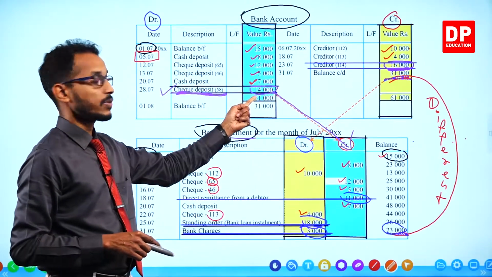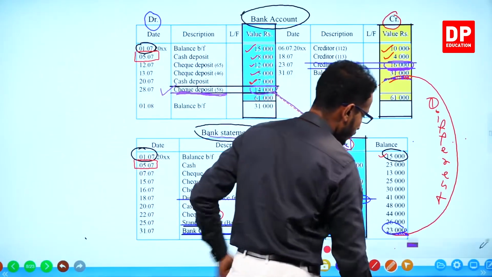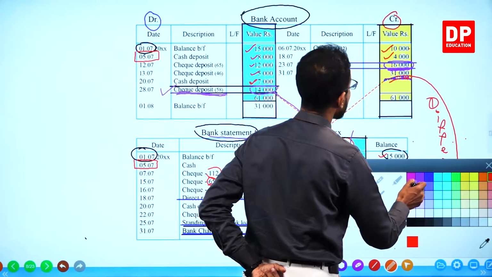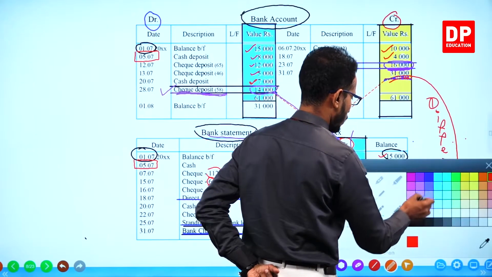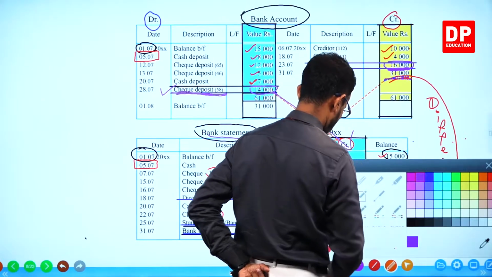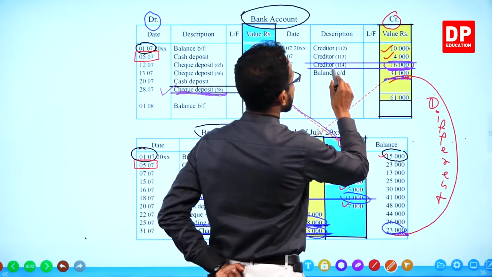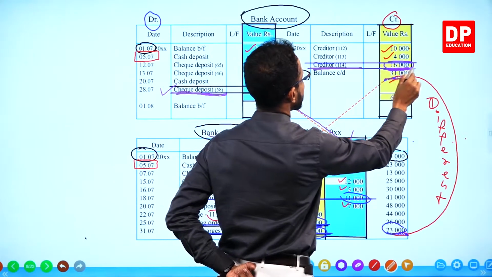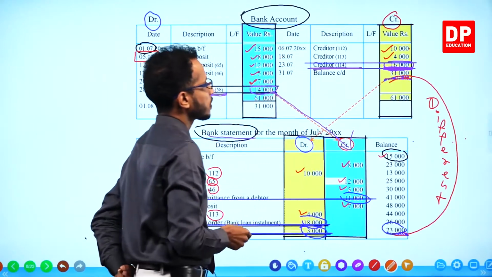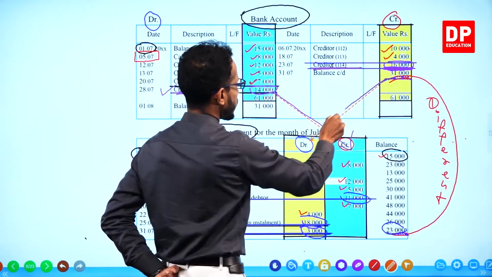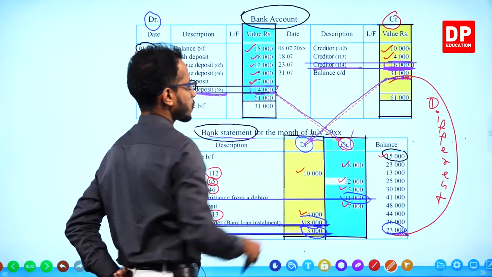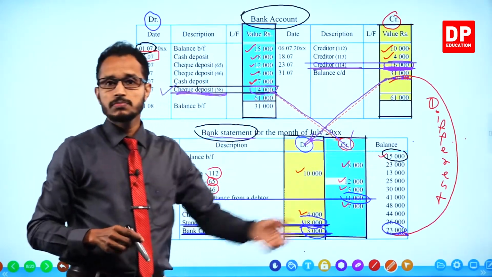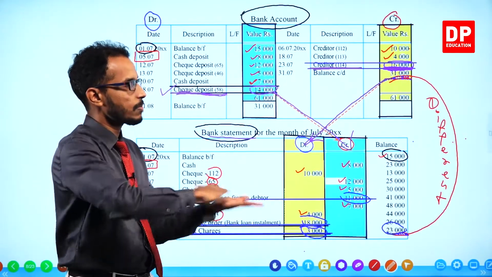checks. Okay. And on the other side, the check that we marked, check number 114, which is on the credit side, that is also not appearing in the bank statement. That is a check that we have paid out. We have issued this check to somebody.